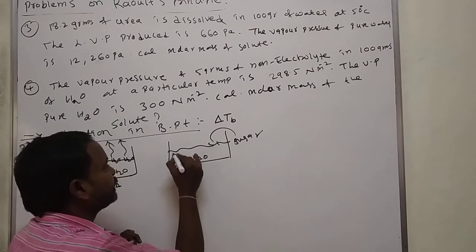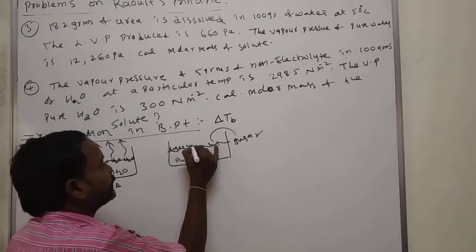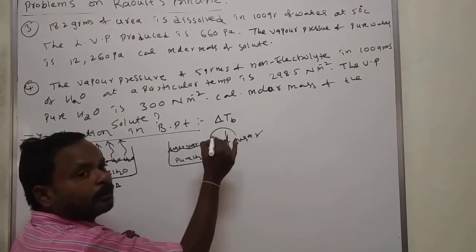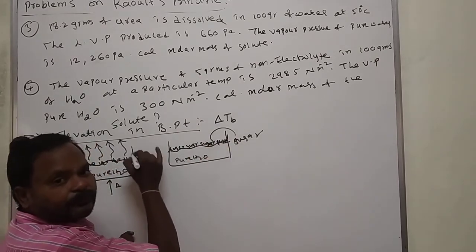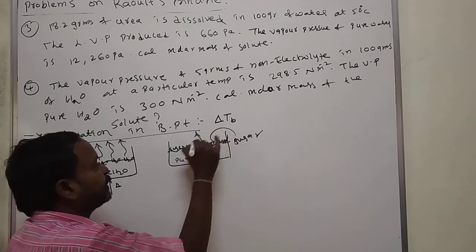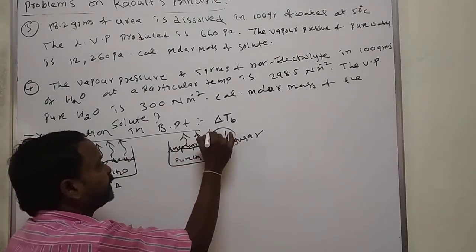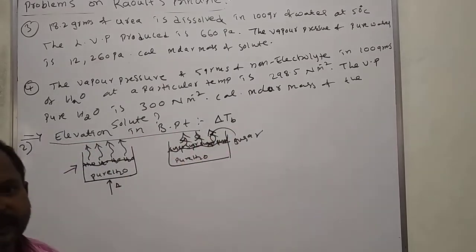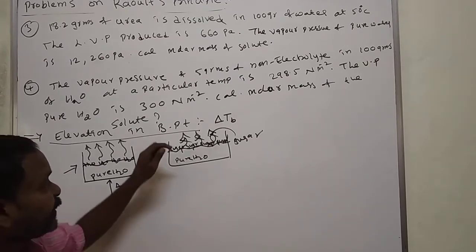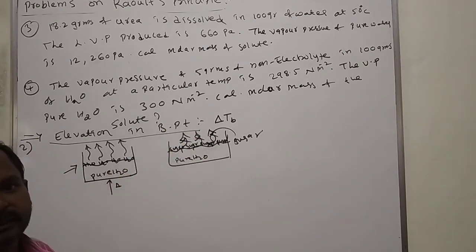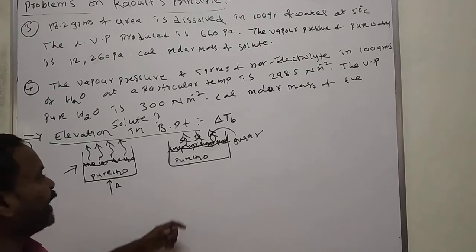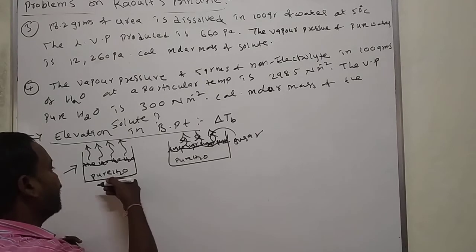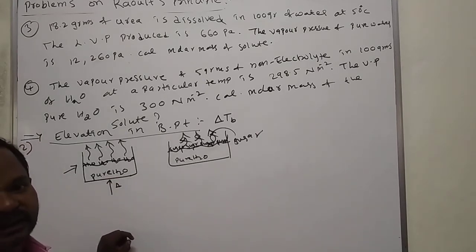Why does it increase? The surface of the water is occupied by some sugar particles, so there is no easy escaping of vapor particles to the outside. It requires more temperature for escaping. That's why the boiling point of the solution is more than the boiling point of pure solvent.